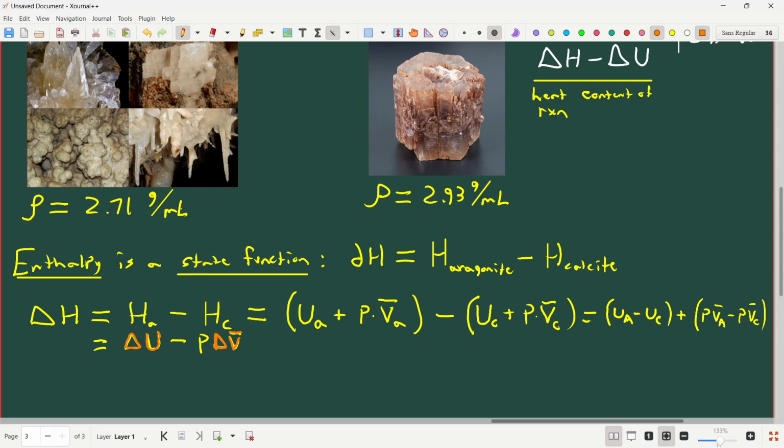It's the total energy plus the work that it takes to form a crystal of this size versus this one. Some difference in the densities, right? I mean, you can see the PV term has something to do with molar volumes. Remember, molar volume is 1 over the density. So this has something to do with density change as well.